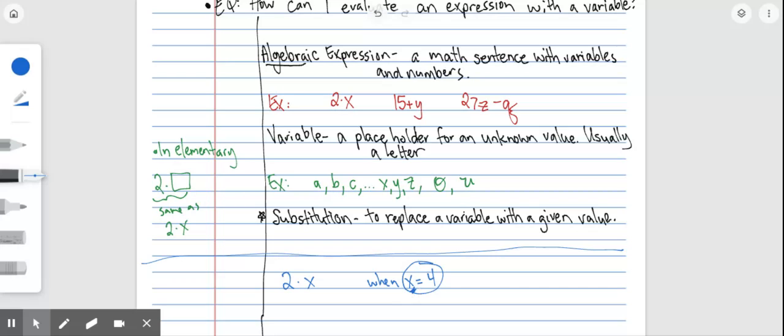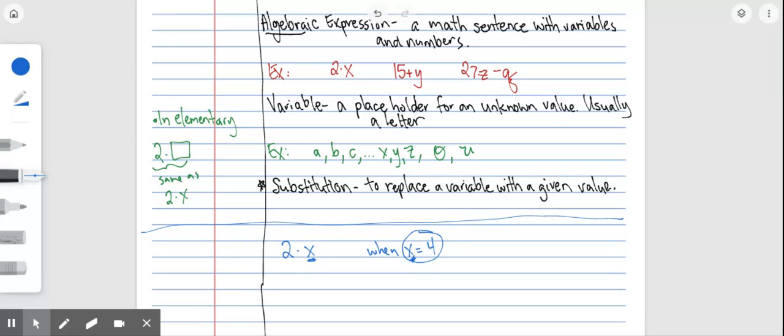So here's the variable x right here. So instead of an x, or in the place of the x, I put a 4. So this becomes 2 times 4 instead of 2 times x. And 2 times 4 is 8.